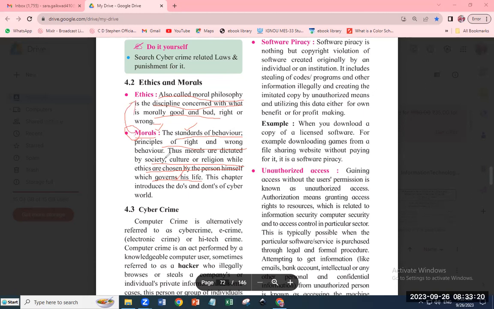Standards are made for behavior. I know fighting is wrong. So am I against the fighting, or am I also involved in the fighting? That is ethics. I know what is good or bad, but am I following what is morally good? That is ethics.